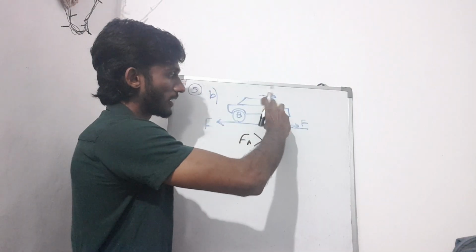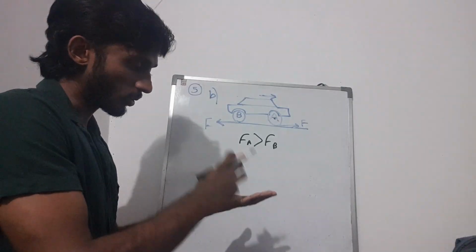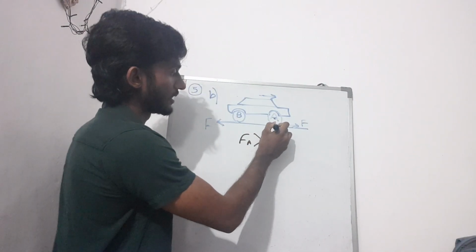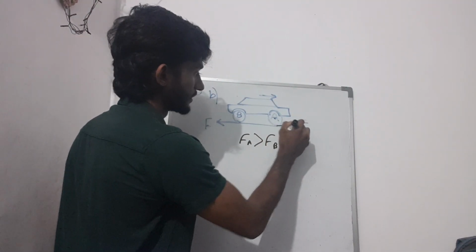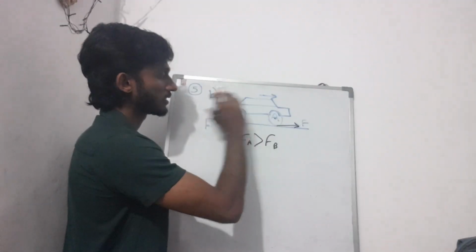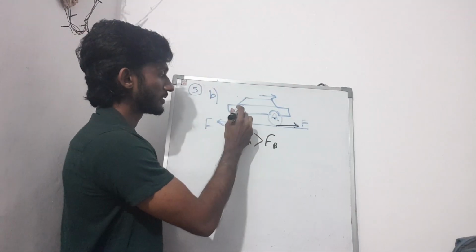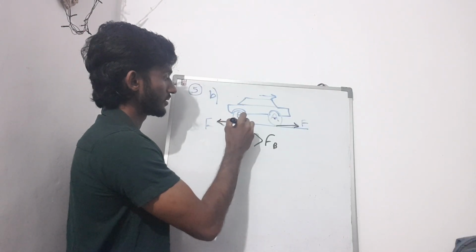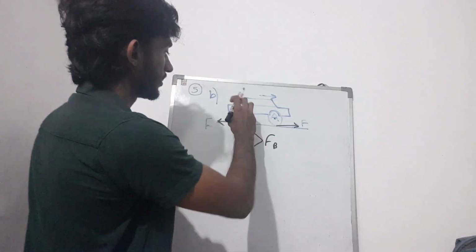The force is applied, then due to the road, the friction happens in the moving direction. Then the car starts moving. Then when the car is moving, this wheel is also rotating due to touching the road.